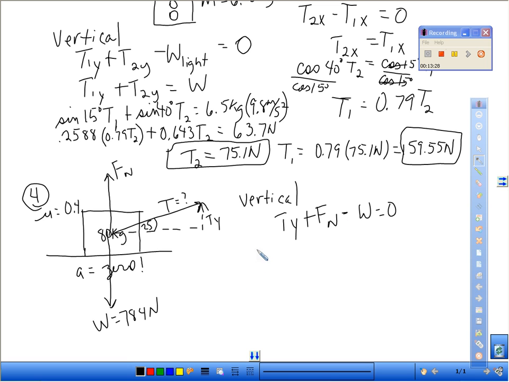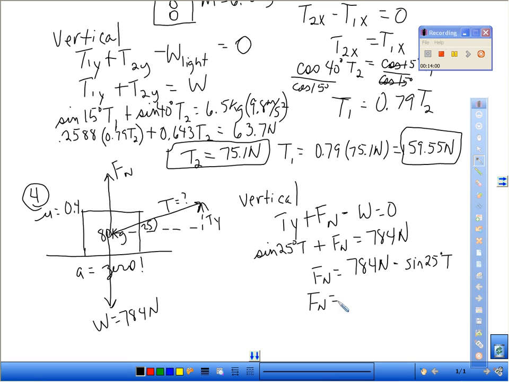All right, Ty is going to be the sine of 25 degrees T. Our force normal is going to be something we don't know. Our weight is going to be 784 newtons. So our force normal is equal to 784 newtons minus sine of 25 T. Two unknowns, not so good, but they can help me solve by substitution here in a minute.